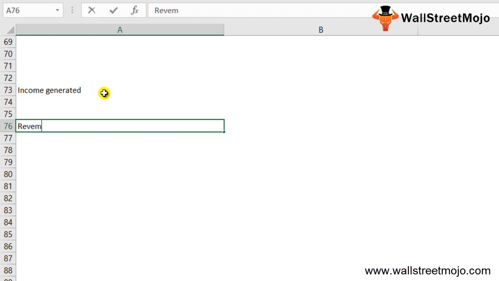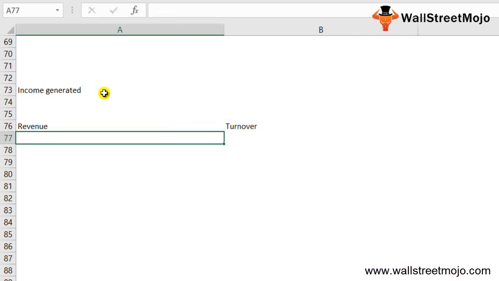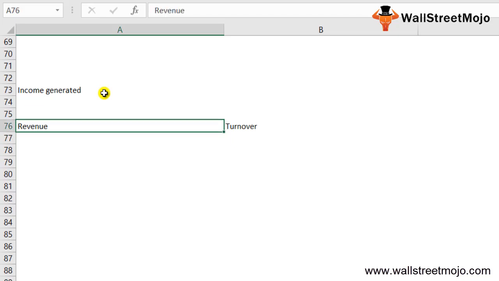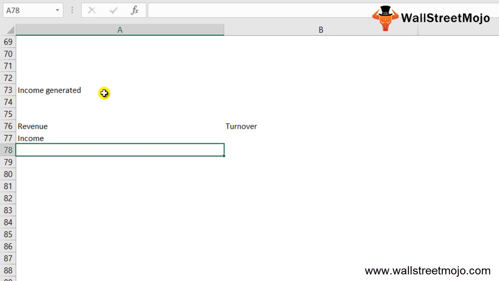So what is revenue? Let me explain again so that it goes in the brain in a much better format. The key difference between revenue and turnover is that revenue refers to the income that is generated by any business entity by selling its goods and by providing services.